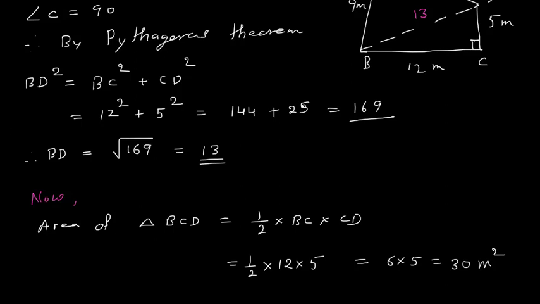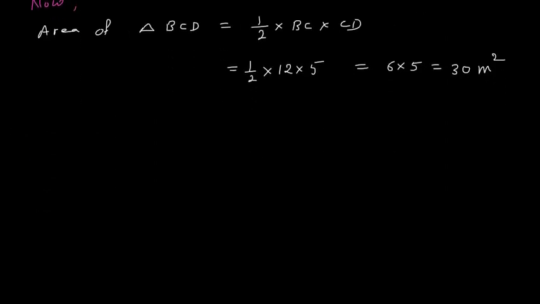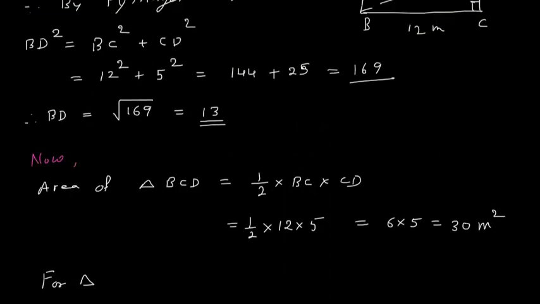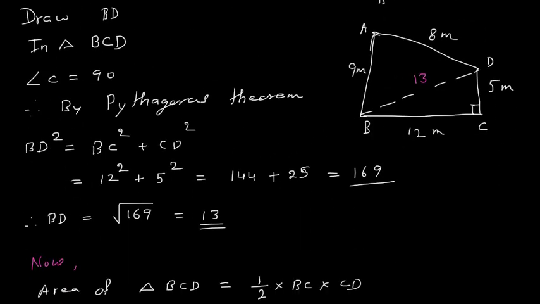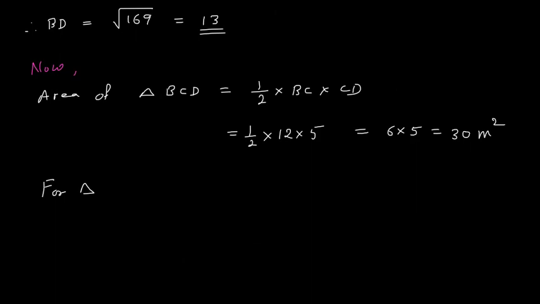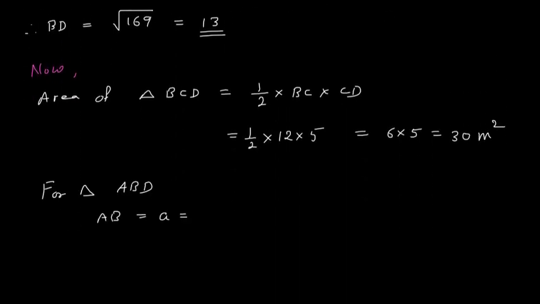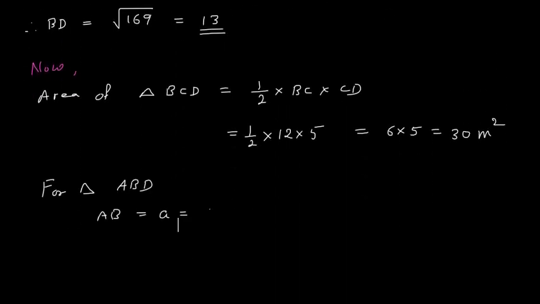And for triangle ABD, I will consider one length AB as small a, which is 9 meters. BD is small b, which is 13 meters.